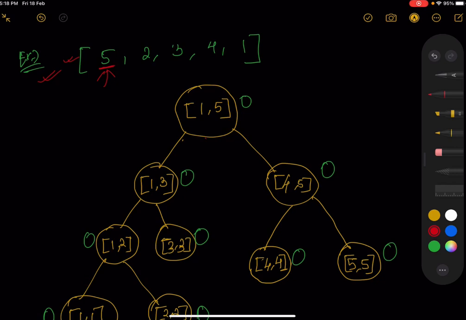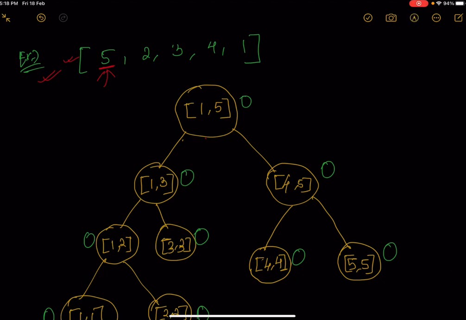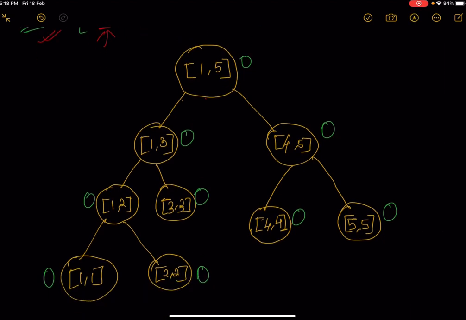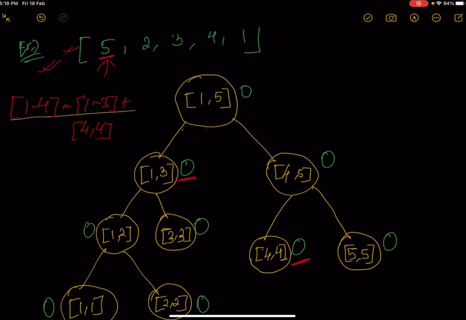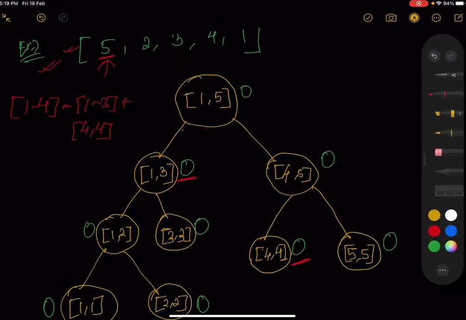Okay, so the range 1 to 4 can be broken as 1 to 3 plus 4 to 4, right? Now as you can see, there are no elements in the range 1 to 3, plus there are 0 elements in the range 4 to 4. So overall the number of elements in the range 1 to 4 is 0. It means the number of elements which are lesser than 5 lying to the left of it is 0.